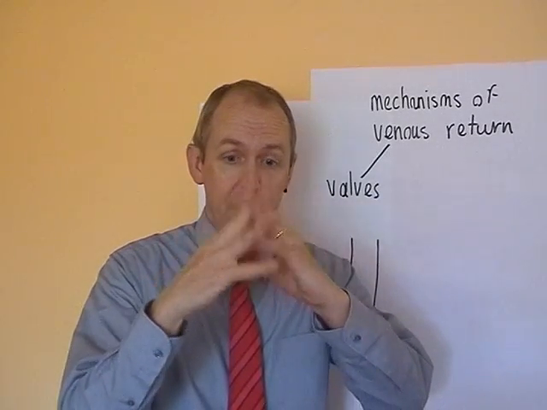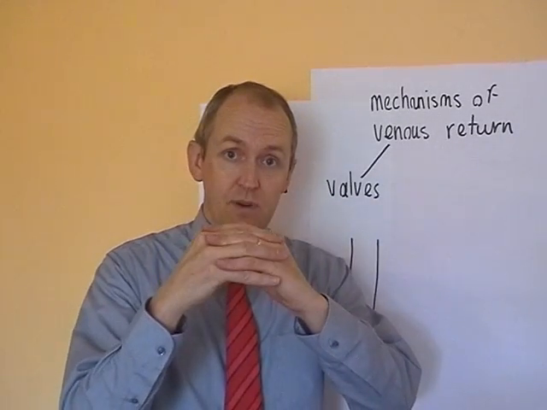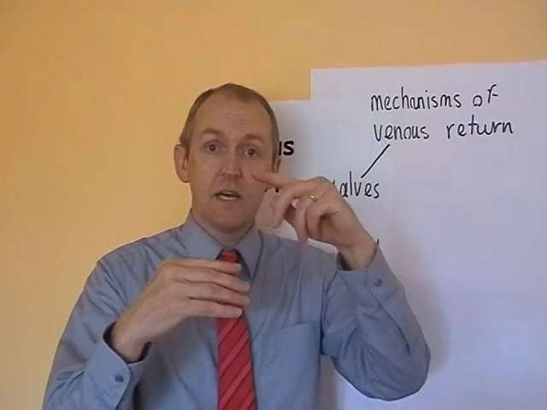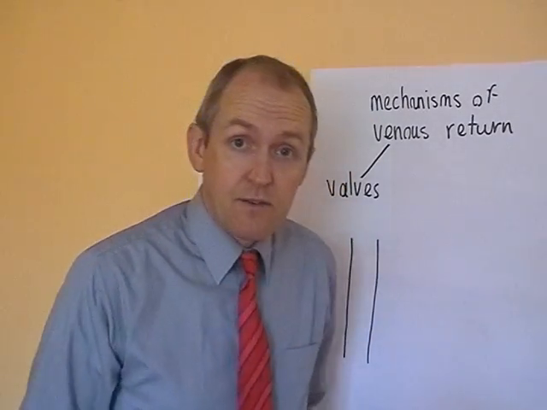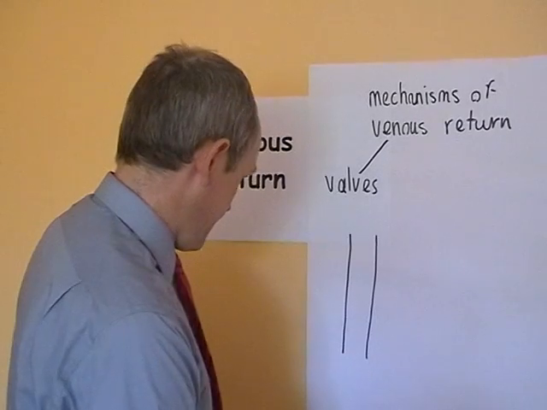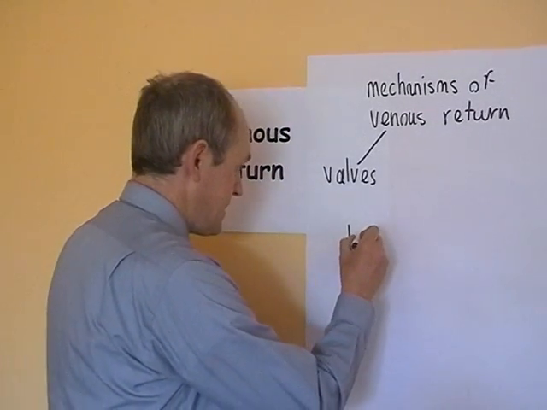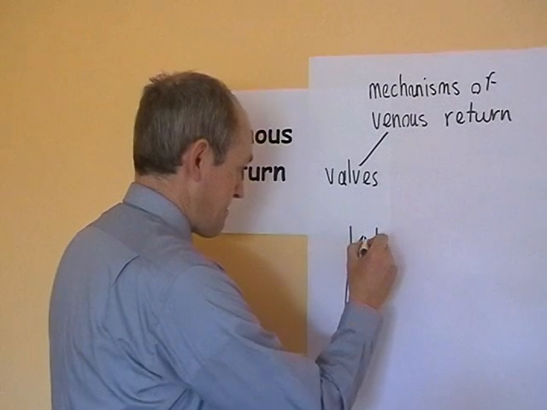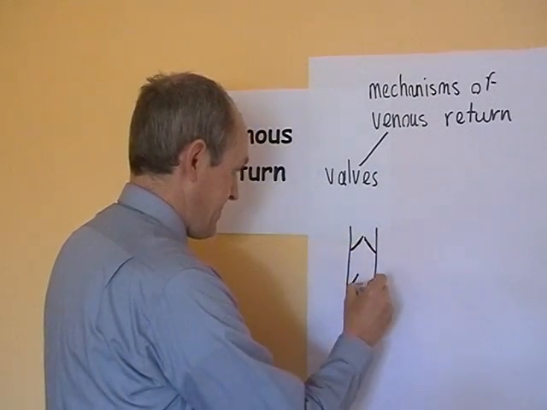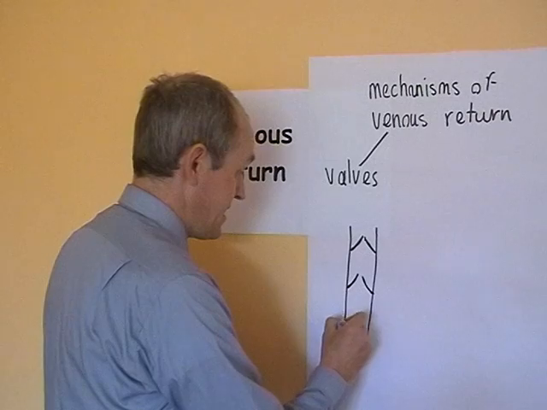So the valves in the veins will be doing this, letting blood go from the periphery to the centre, but not from the centre back to the periphery. So the valves will be pointing up in this direction like this. It's a bit like a ladder, really.